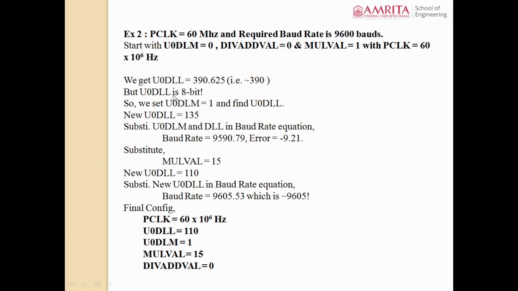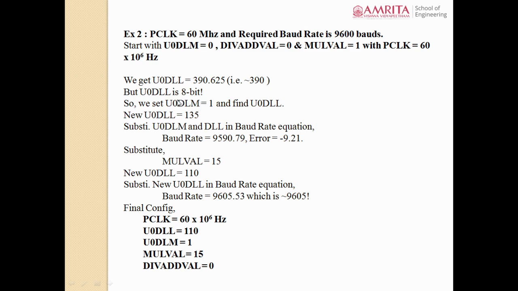I told you U0 DLL can store only 8 bits, but to represent 390 in decimal you need 9 bits. But U0 DLL has only 8 bits. So what will you do? Then you need to configure U0 DLM also in this case.